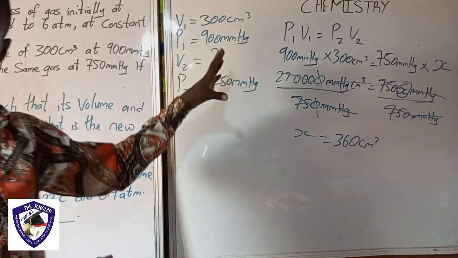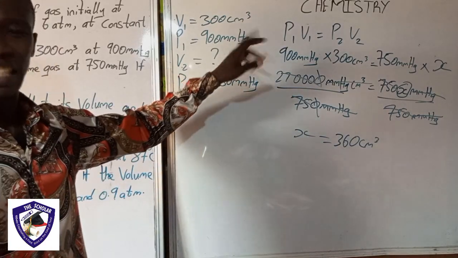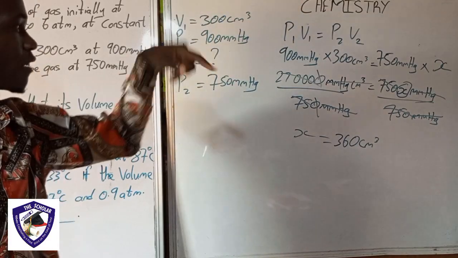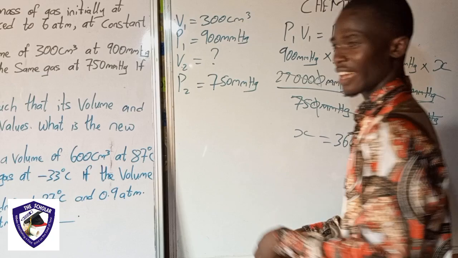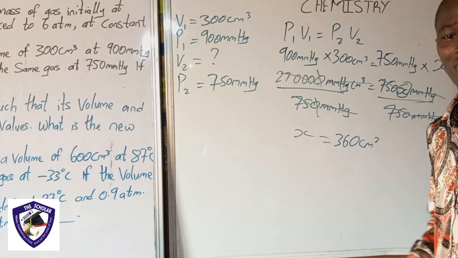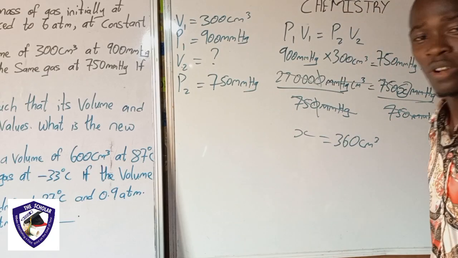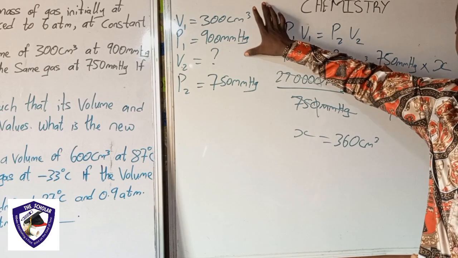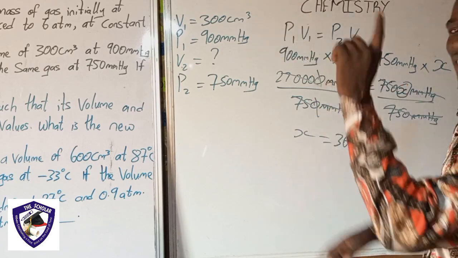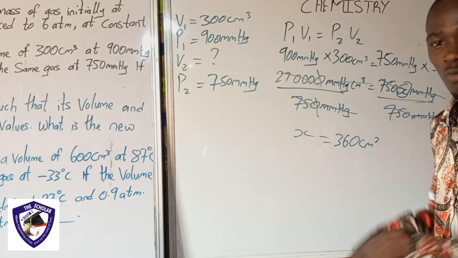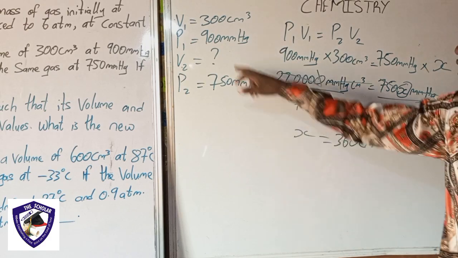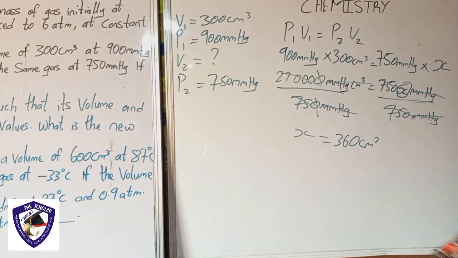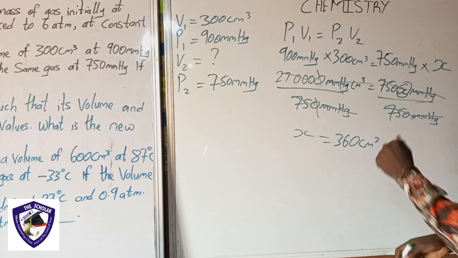I said for Boyle's law that if the pressure is increasing, then the volume will decrease. For Charles' law, I said if the volume is increasing, the temperature will also increase. But for Boyle's law, if the pressure is increasing, the volume will decrease, and if the pressure is decreasing, the volume will increase.